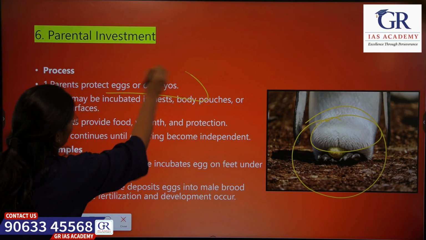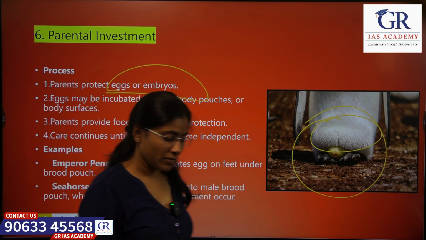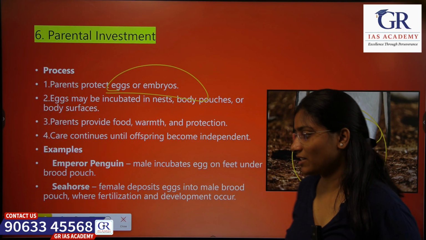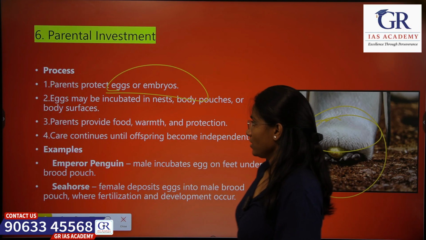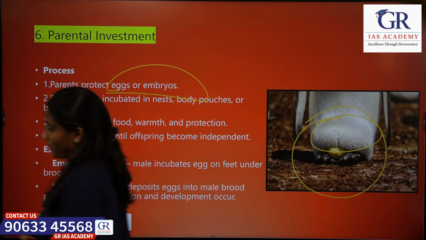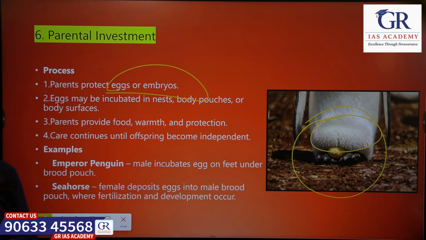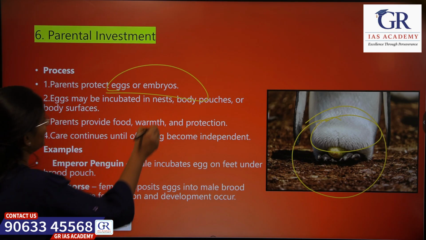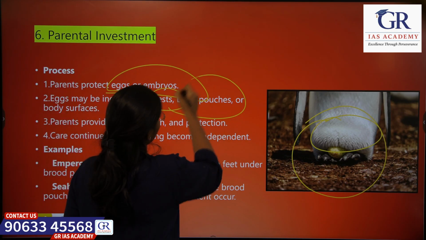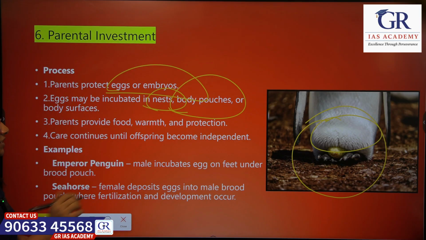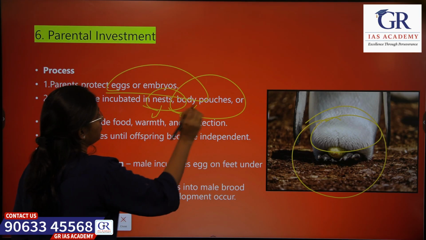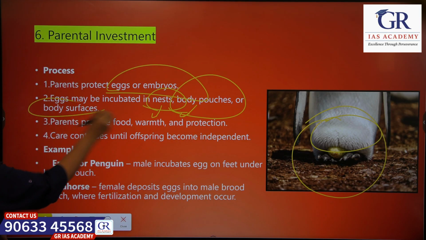They protect eggs or embryos from the predators. That's the first process. They have to protect the eggs from the predators, and then they will be incubated to become organisms by using either a nest or body pouches or surfaces.